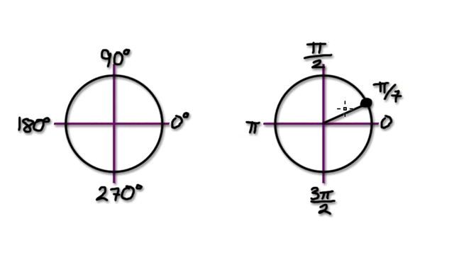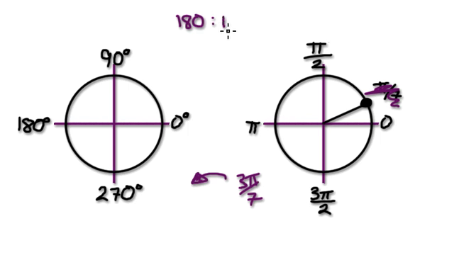Okay. Let's do a harder one. Suppose now you've got, let's say, 3 over 7 pi. How would you convert this into degrees? Well, start out with 180 is pi radians. Now, somehow get to this.